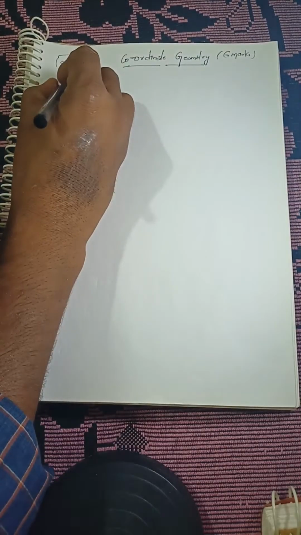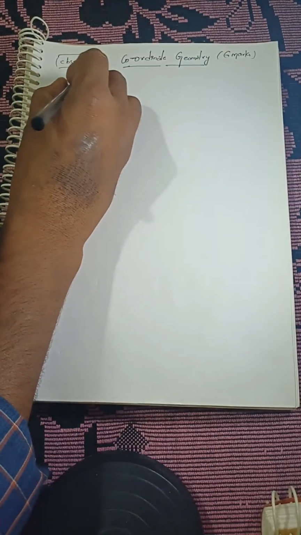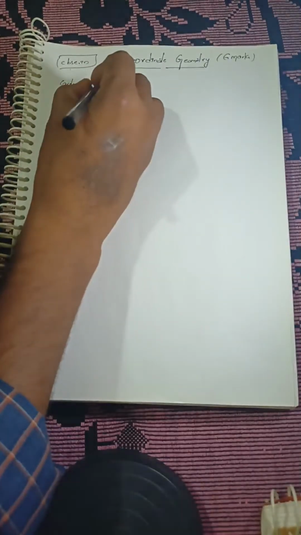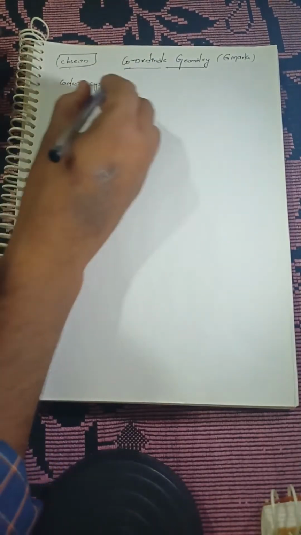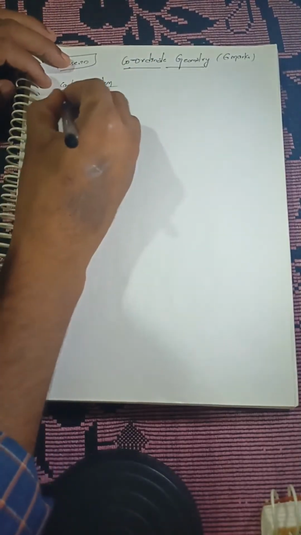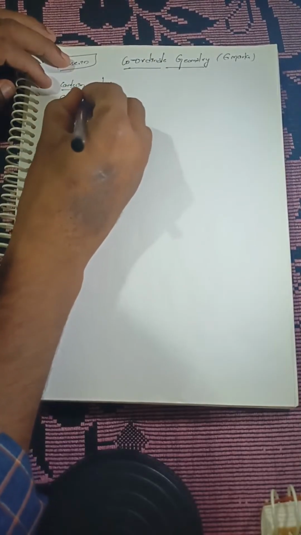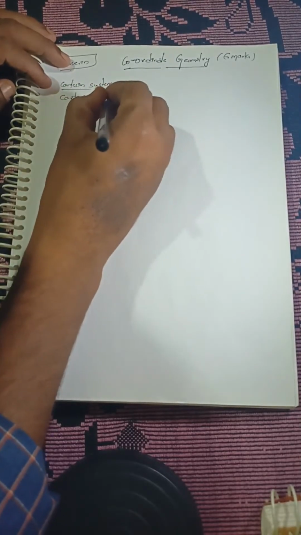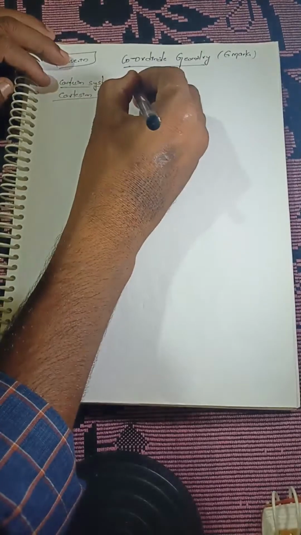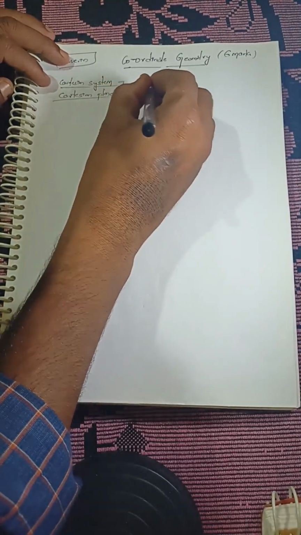So before going to learn all the formulas which are given in this question, let's see what formulas are given right over here. Here we are going to learn about the Cartesian system. You know this already, I am not going to explain again. This Cartesian system and Cartesian plane, these definitions you already studied in class 9.